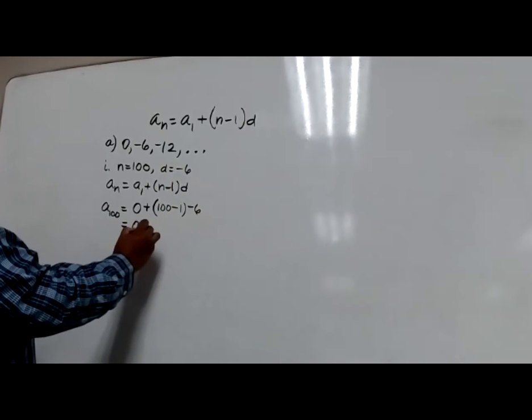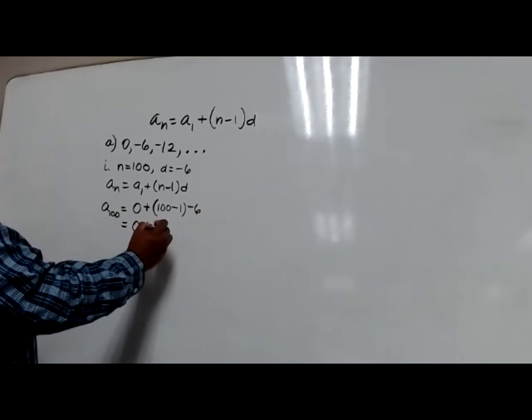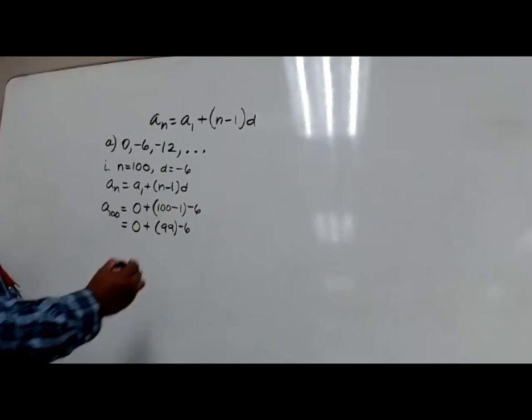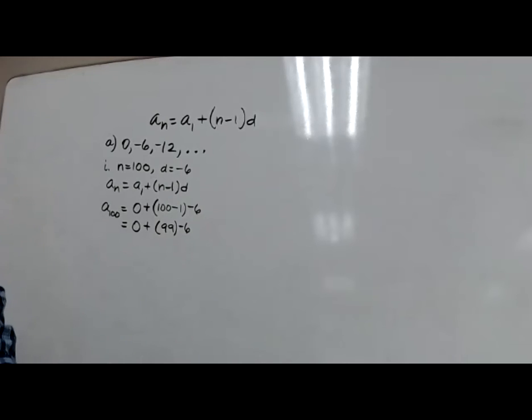So this will be 0 plus 100 minus 1 would be 99 times -6.